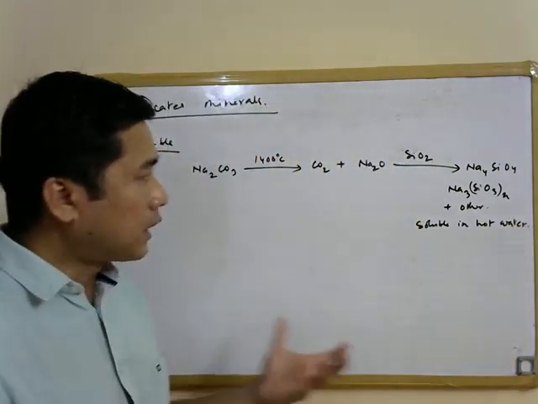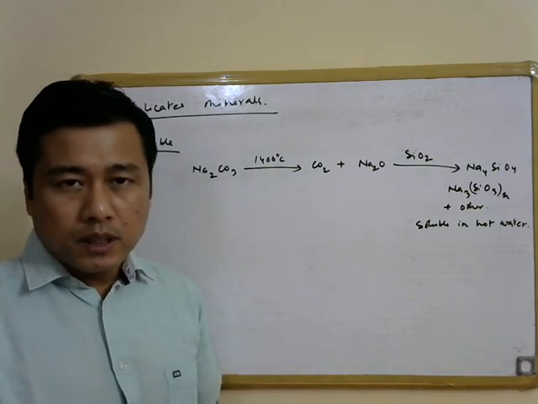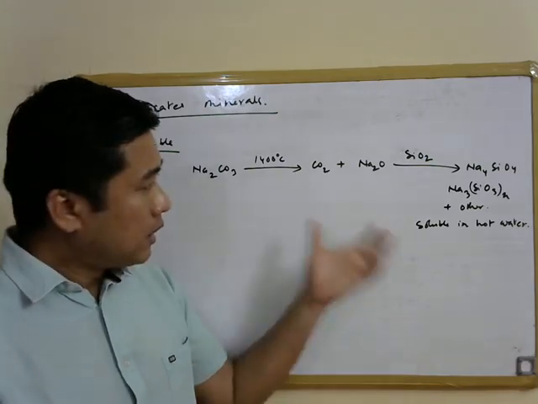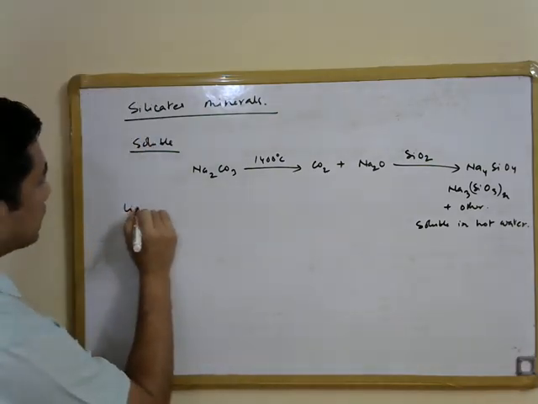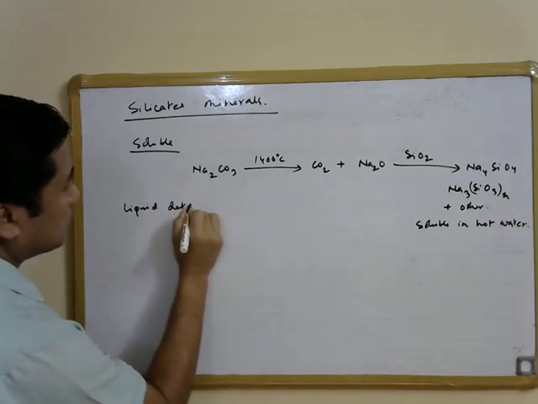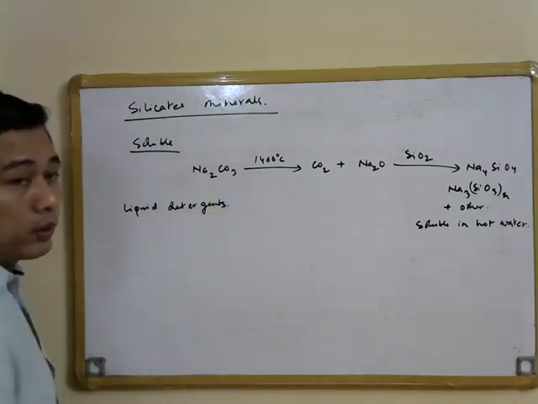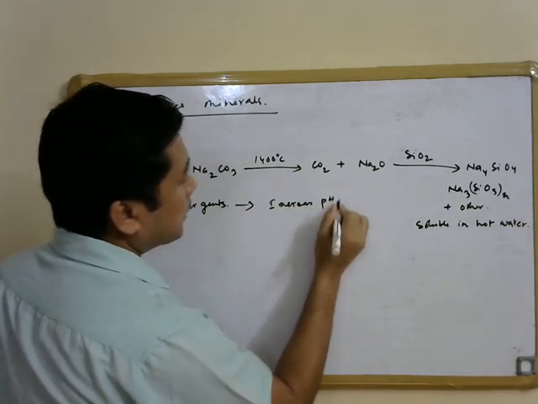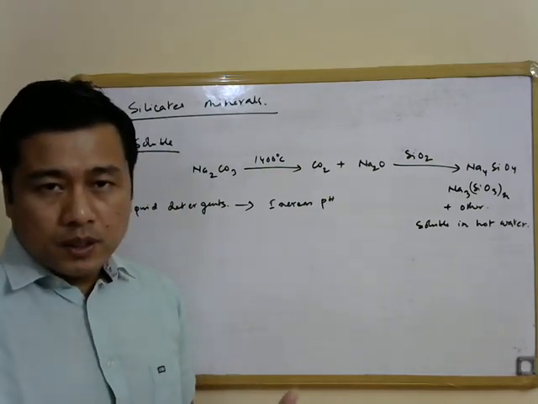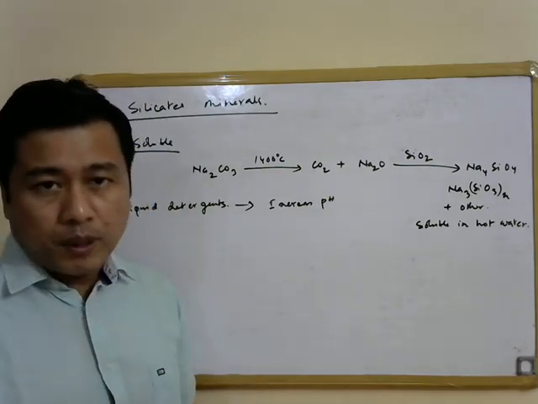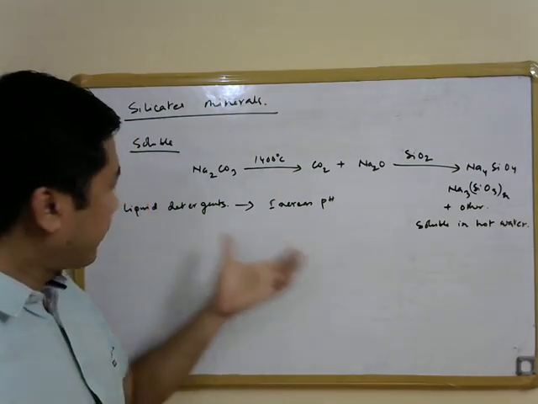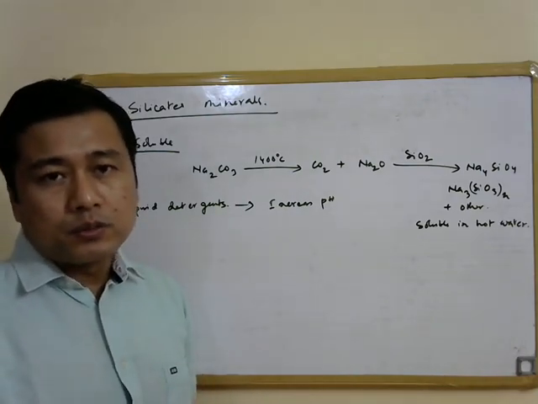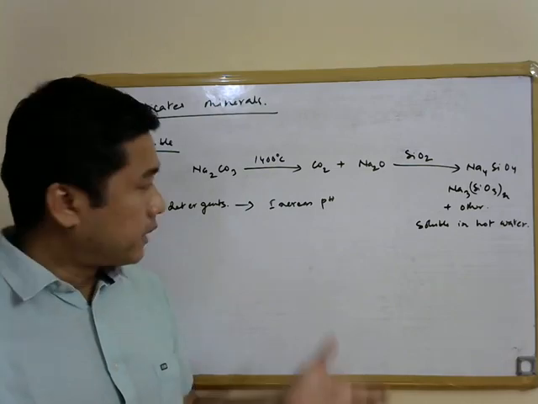Millions of tons of this sodium silicate are produced each year because they have very important application in liquid detergents. These are used to increase pH, because then only you can dissolve grease or fat by making soap, and that is why they are used in liquid detergents, in order to raise the pH and thereby dissolve the fat or grease that is there as dirt.